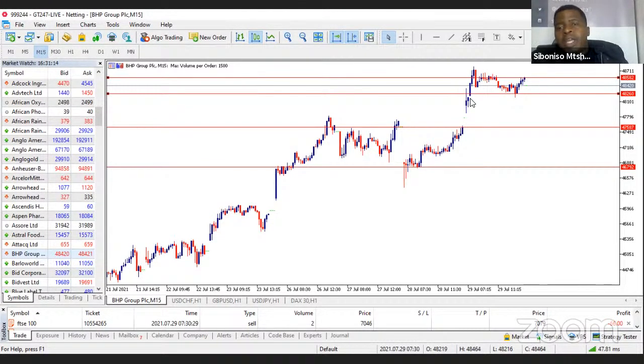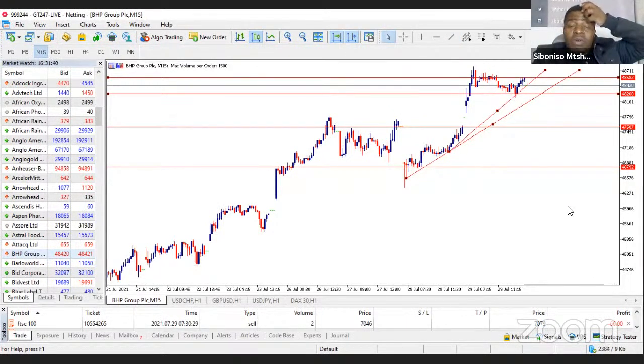So that's what happened here, with the support and resistance in place, as you can see. Support and resistance, as well as candlestick patterns, chart patterns and trend lines, they always play a huge role every day, and you need to understand them all the time.